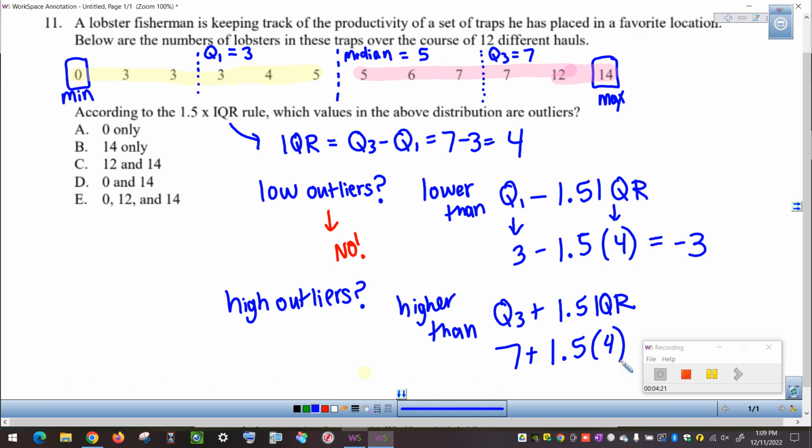When I plug that in, I get that value to be 13. That is how high the value is allowed to be in the data set before we consider it an outlier. Because that value of 13 would be right here, we can see that that 14 is outside of that. And so the only value that is technically an outlier, according to this rule, is the value of 14.